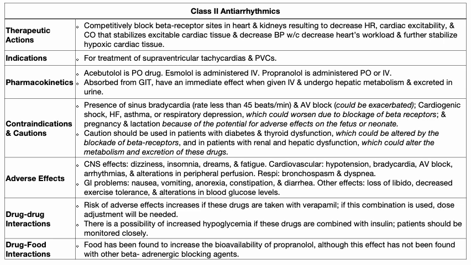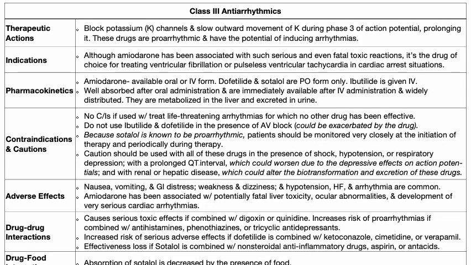I also would like to make mention that the adverse effects associated with class 2 antiarrhythmics are usually related to the effects of blocking beta receptors in the sympathetic nervous system.